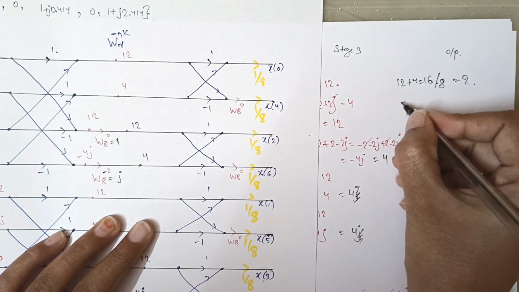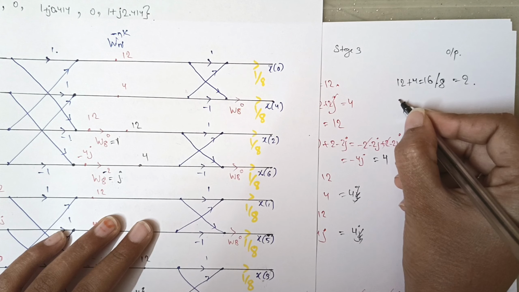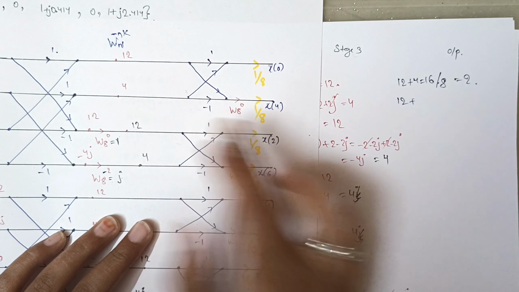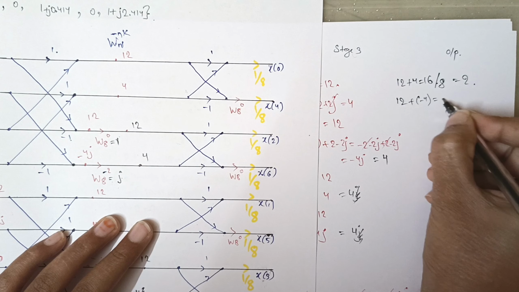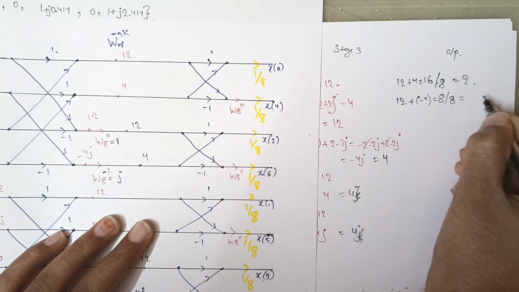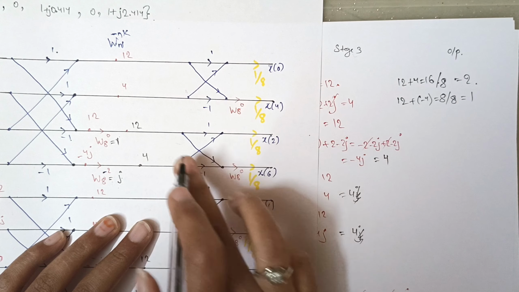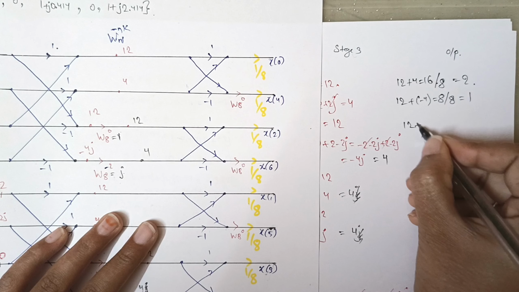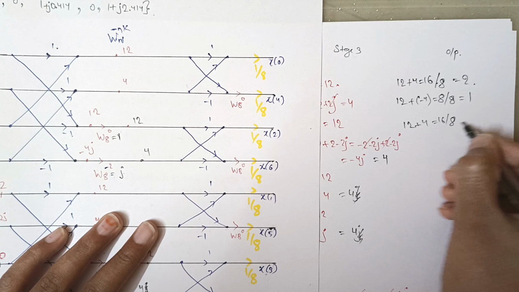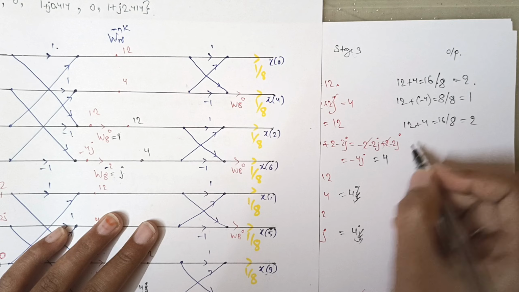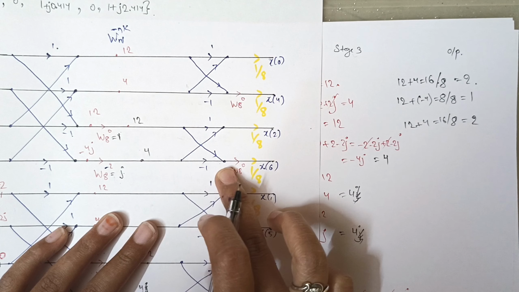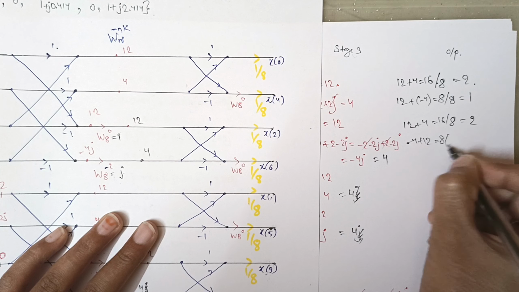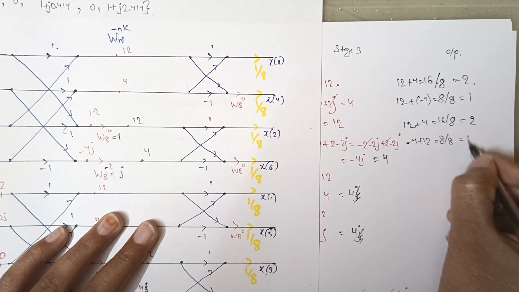For the second in line we have 12, and it is multiplied by minus 1, right? So we get minus 4, and then 8, and multiplied by 1 by 8 we get 1. For the next line again the same thing, 12 and plus 4 we get 16, and multiplied by 1 by 8 we get 2. And here also we will get minus 4 and plus 12, which is 8, and multiplied by 1 by 8 we will get 1.